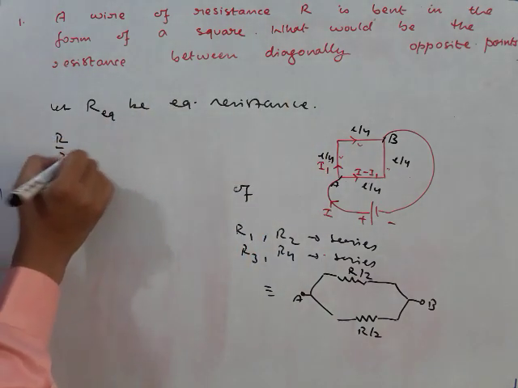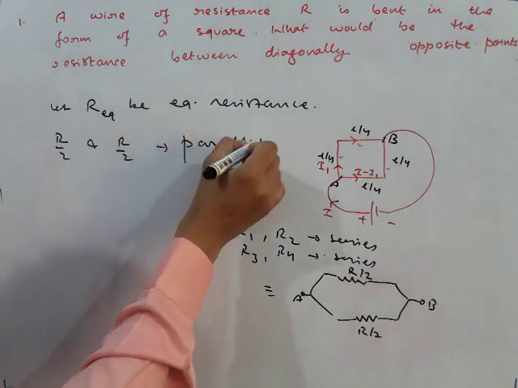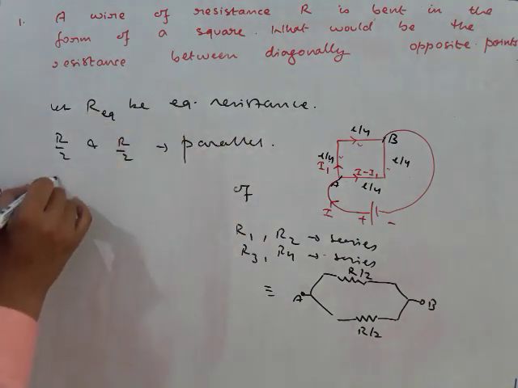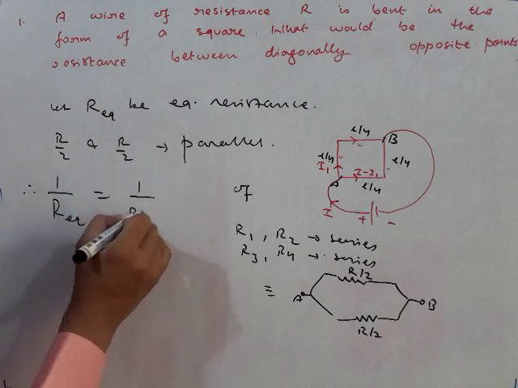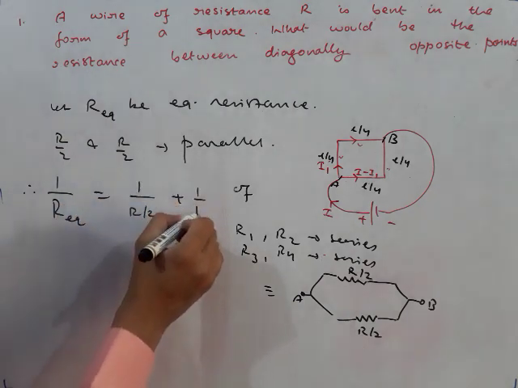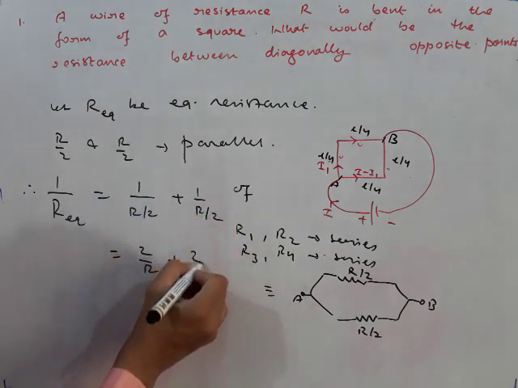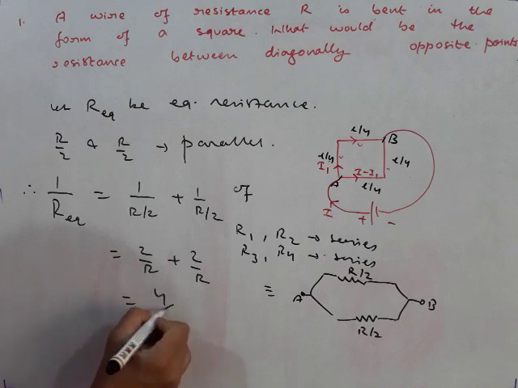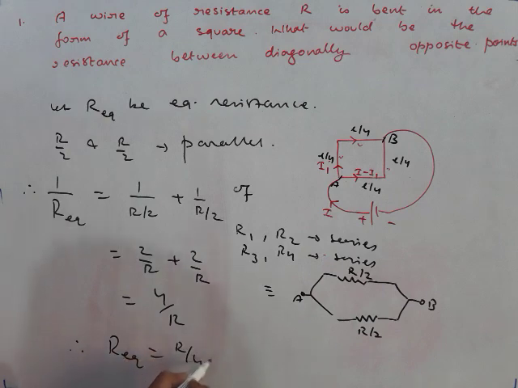So R by 2 and R by 2 are connected in parallel. Therefore, net resistance Req, how will you find? 1 by Req is equal to 1 by (R by 2) plus 1 by (R by 2). So this becomes 2 by R plus 2 by R, that is 4 by R, and this is 1 by Req. So Req will be how much? R upon 4. Is it clear, students?